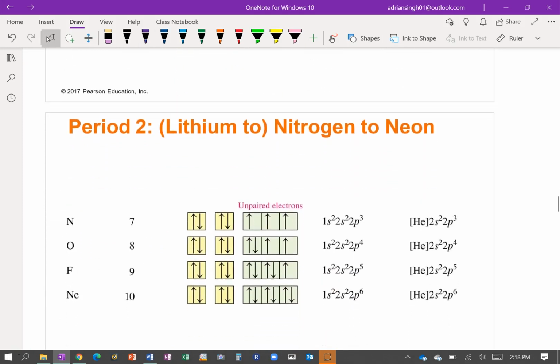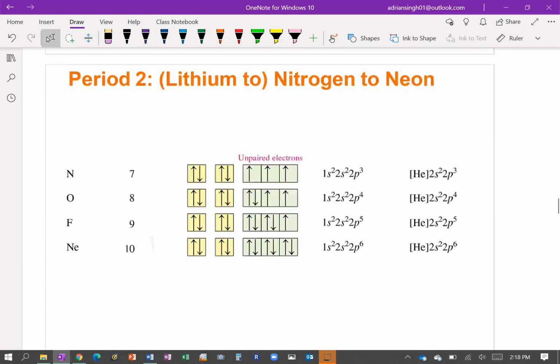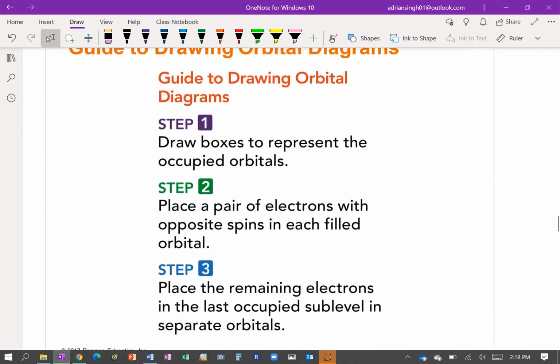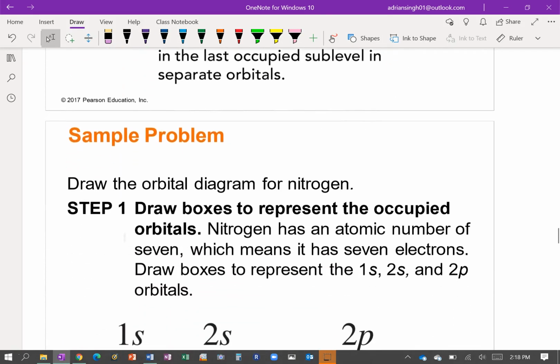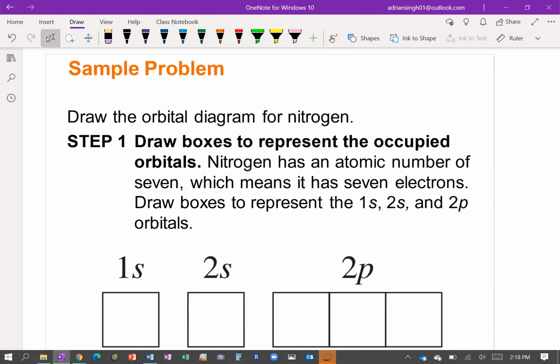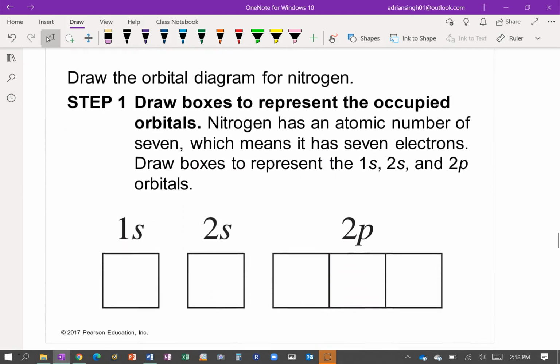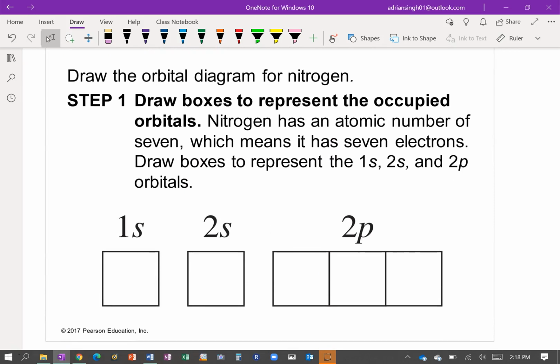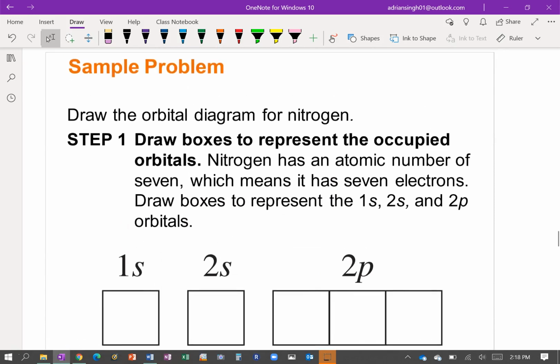All right, let's take a look at a couple other examples. Let's do nitrogen. This sample problem starts with nitrogen, so we're going to draw the orbital diagram for nitrogen.